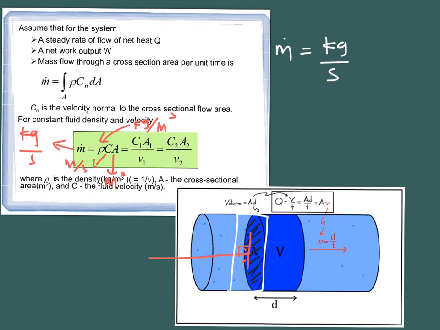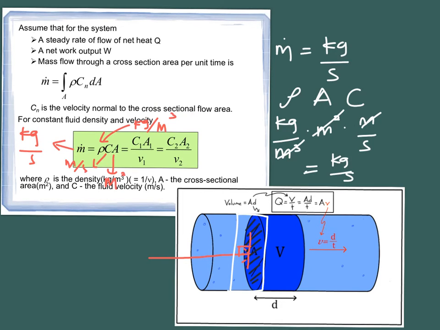So if we arrange the density times A times the velocity, you will have kg per meter cubed times meter squared times meter per second. In the end, you get kilogram per second, which is the unit for your mass flow rate. This will be useful when you want to calculate your m in and your m out, sometimes denoted as 1 and 2.